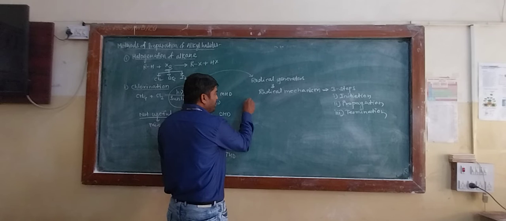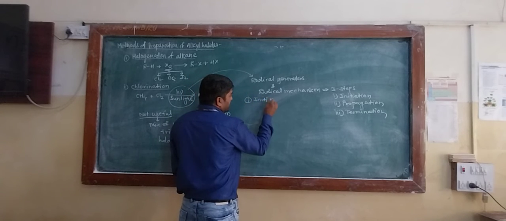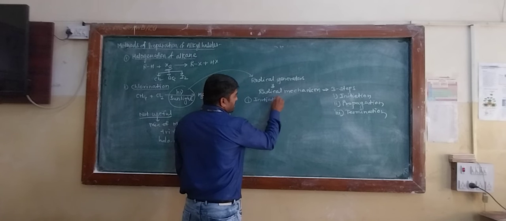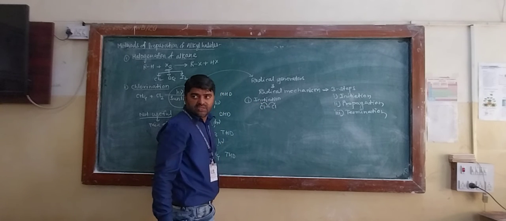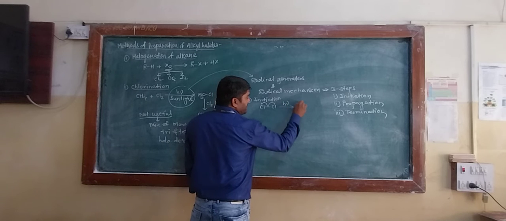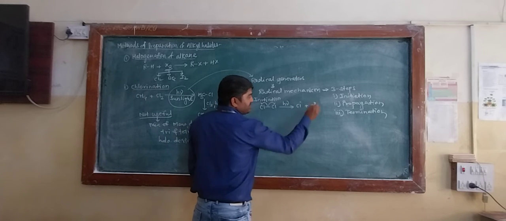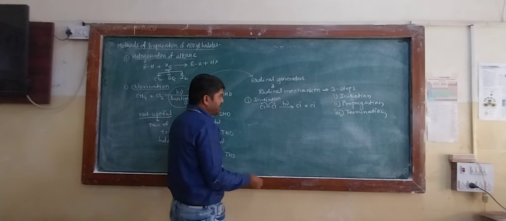So here step 1 is initiation. In initiation, there is a symmetrical cleavage, homolysis of the Cl-Cl bond in presence of hν, and you get Cl radical plus Cl radical. So a neutral molecule is converted into radicals.